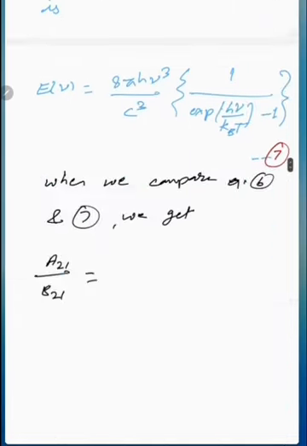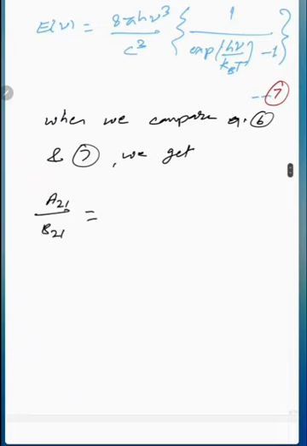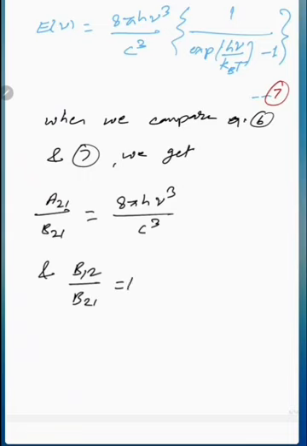Hence, A21 upon B21 is equal to 8 pi h nu cube upon c cube, and B12 upon B21 is equal to 1.